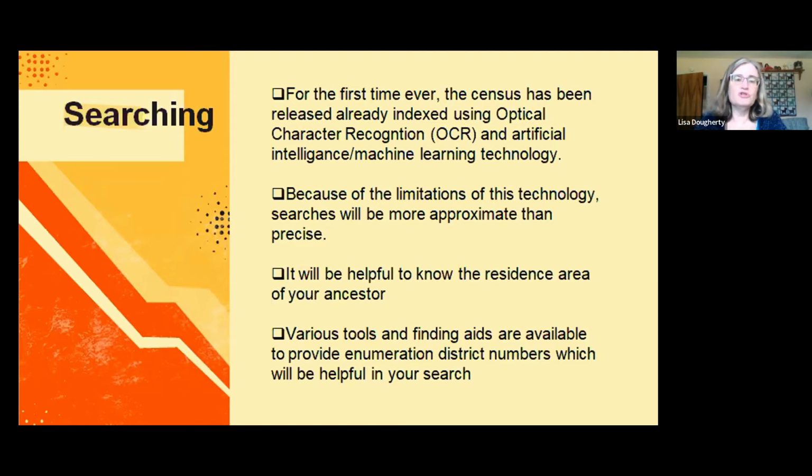There are lots of tools and finding aids that are available to help you find ED numbers. When I talk about ED, I'm talking about enumeration district. Every town and city was given an ED number. As you can imagine, in a place like New York City or even Albany, you're going to have multiple ED numbers, and they're divided up in cities by blocks. In small towns, if the town is small enough, you may have one ED.